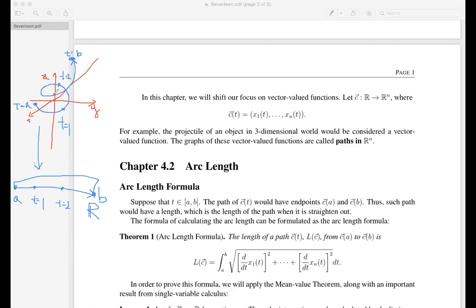We would be interested in calculating the length of this path, meaning the total displacement of this particle when you move along this path.